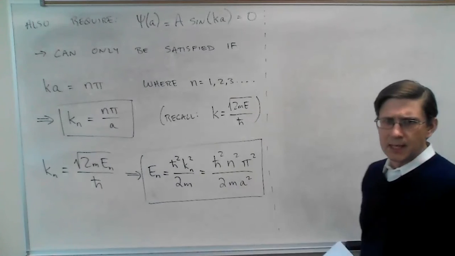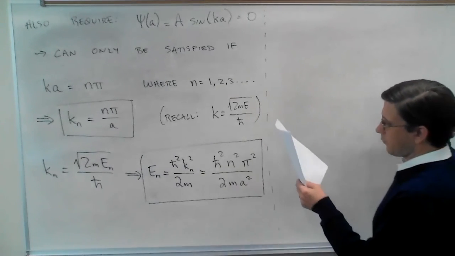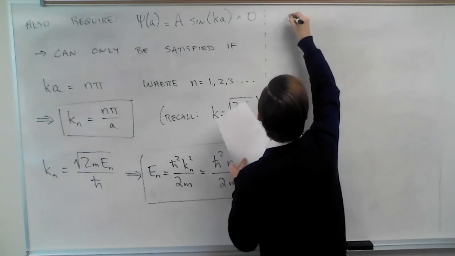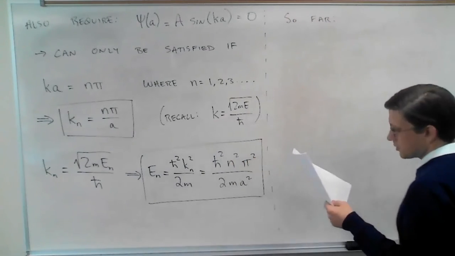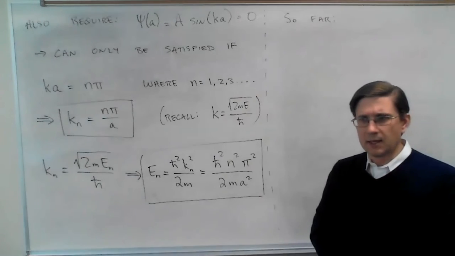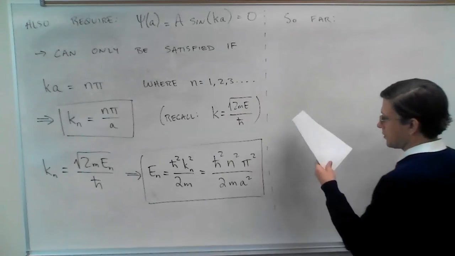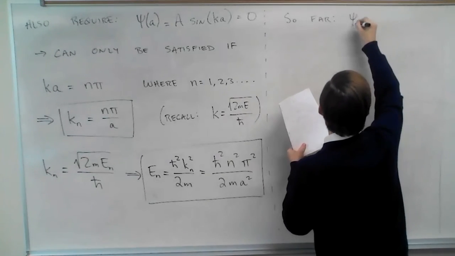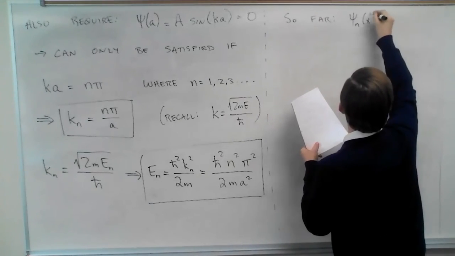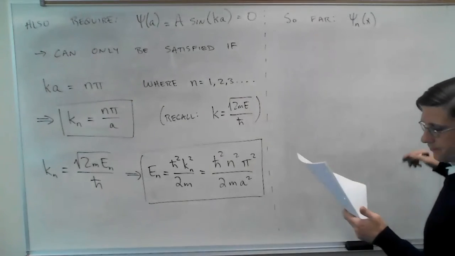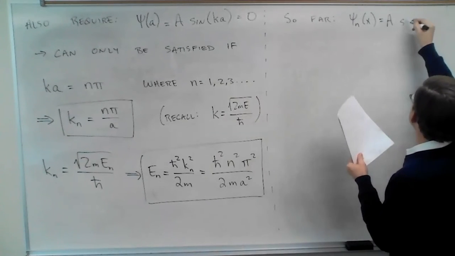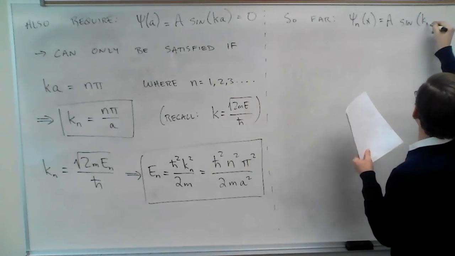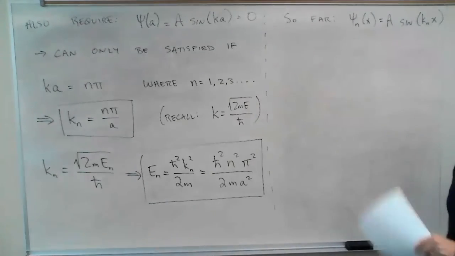All right, so we're almost done, but I want to remind you of where we are so far. So far, we have that the solutions to our Schrodinger equation, I'm going to write them as psi sub n of x is equal to some constant A times the sine of k sub n x.